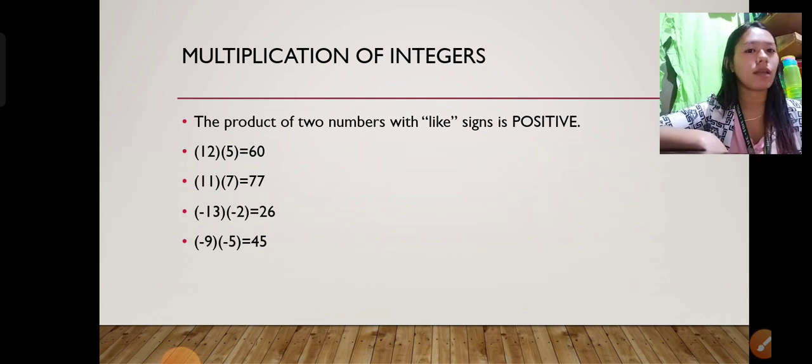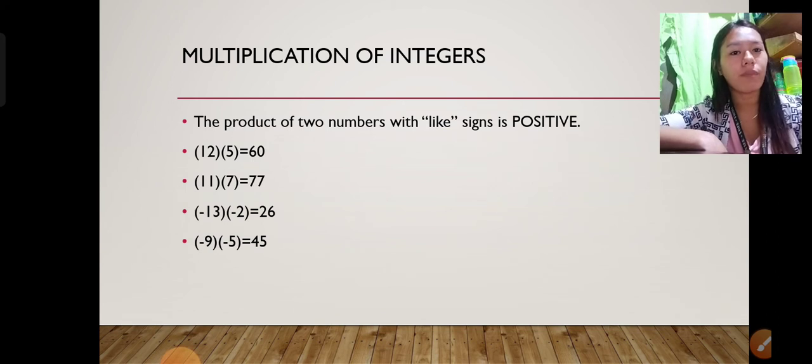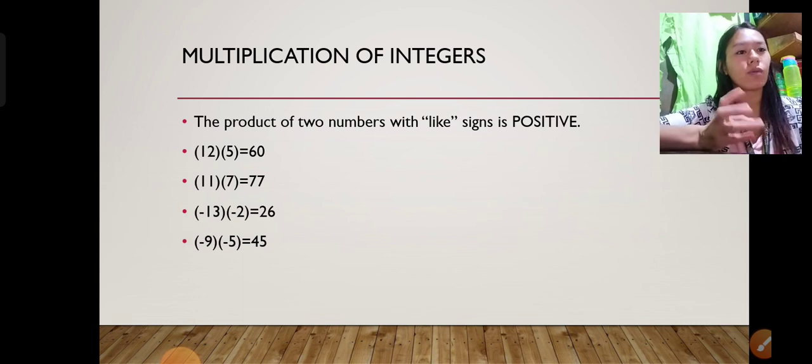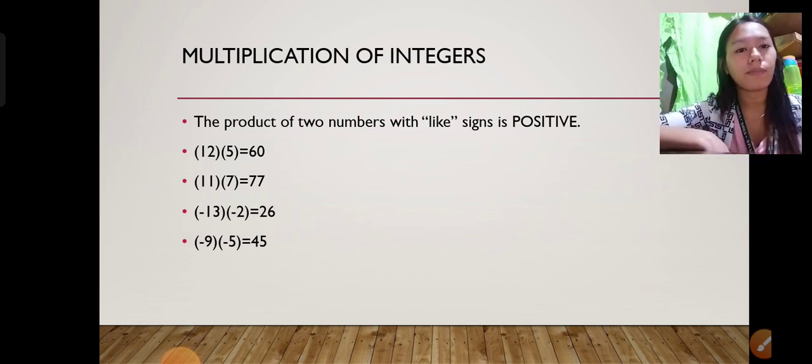Positive times positive is equal to positive. Okay? So, the fourth example is negative 9 times negative 5. Since they are both negative, they have the same signs, so our answer is positive. Okay? So, 45.